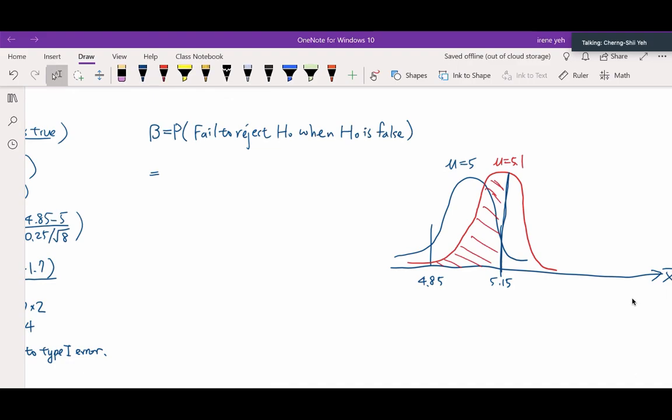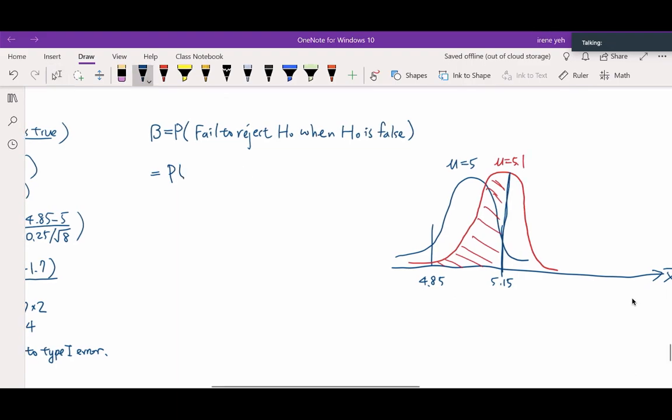All right, so it is the probability. Fail to detect means my X bar sample average is inside the confidence interval, between 4.85 and 5.15.